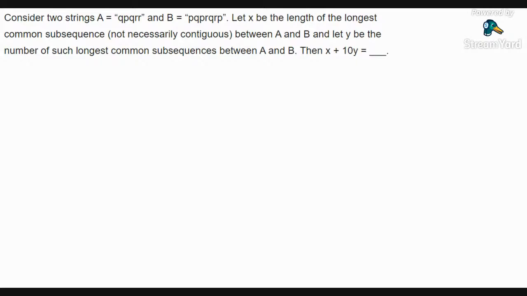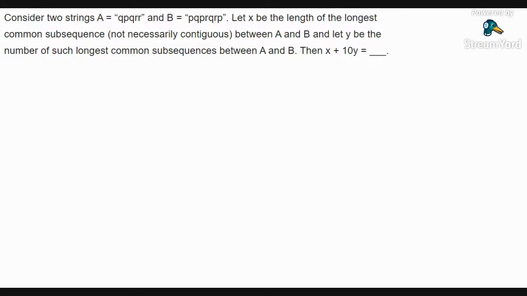So it is 4. Now the second question, what is the value of Y? How many total possible options are there? First match is this QPQR. This is present in both strings, length is 4. Now see another one. Just take QQRR, double Q double R. This is first Q, second Q, and a single R is there, so double Q double R is not possible.